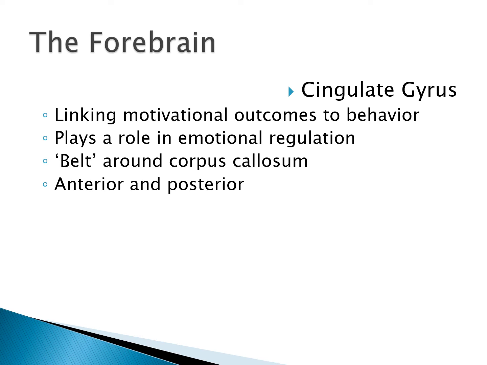It's linking motivational outcomes to behavior, and so it also plays a role in emotional regulation. It's really lying between the frontal lobes and the prefrontal cortex, and between the prefrontal cortex and those subcortical structures like the amygdala and the basal ganglia, and all of those limbic structures that are involved with our motivation.